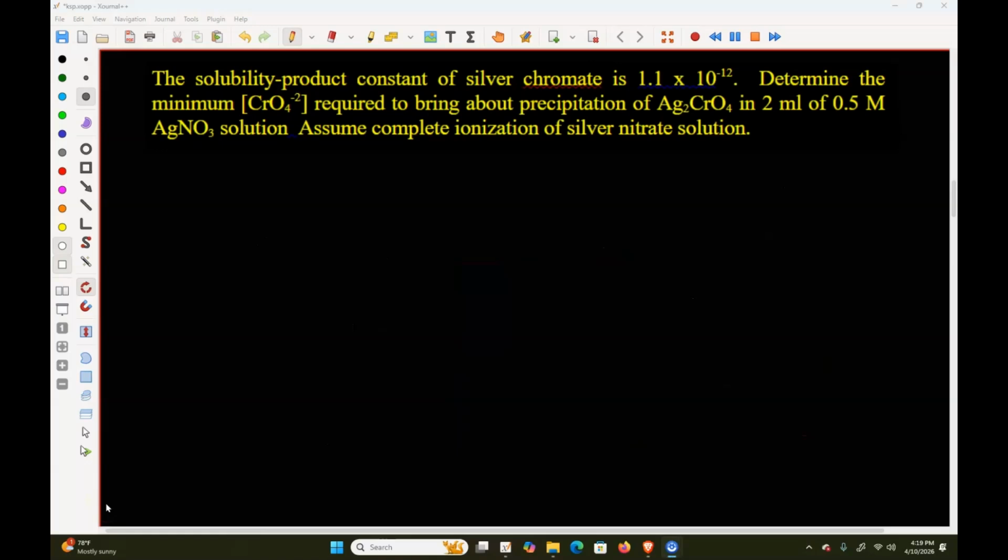Okay, this next problem here, you're given the Ksp. The Ksp is 1.1 times 10 to the negative 12.